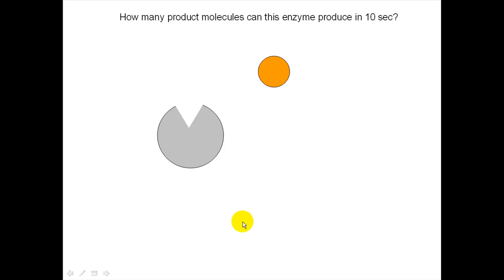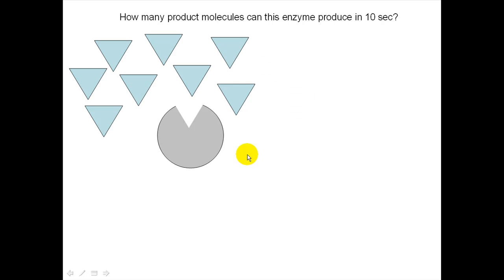What if you increase the amount of substrate that you start with to, say, 3? How would that affect reaction rate? Well, it might make sense that if now you have 3 substrate molecules, more product would be produced within that same amount of time. So in this particular case, the reaction rate now is 3 products produced per 10 seconds. It makes sense that if you increase the amount of substrate available, that'll increase the amount of product that's produced in a particular period of time.